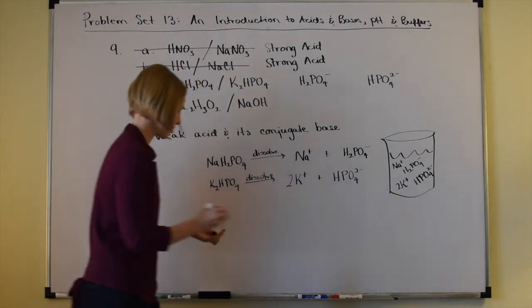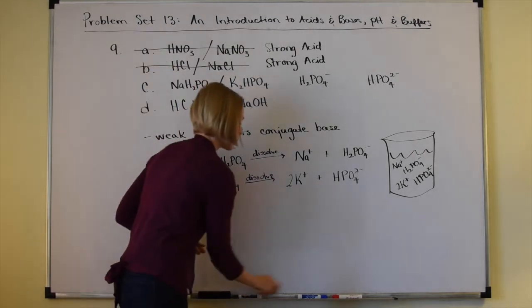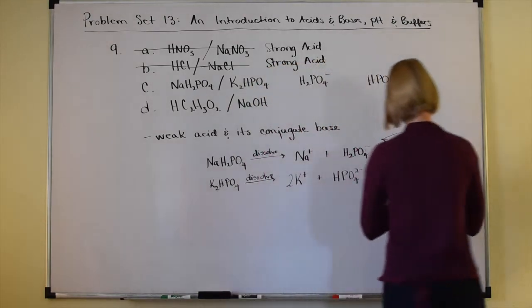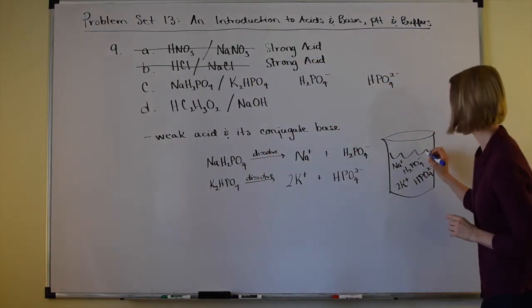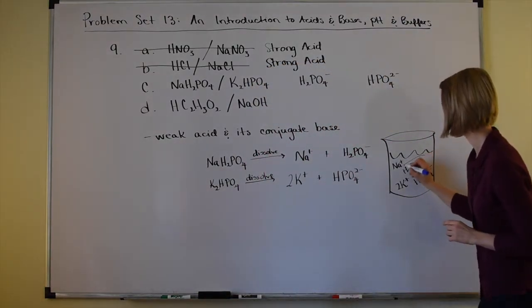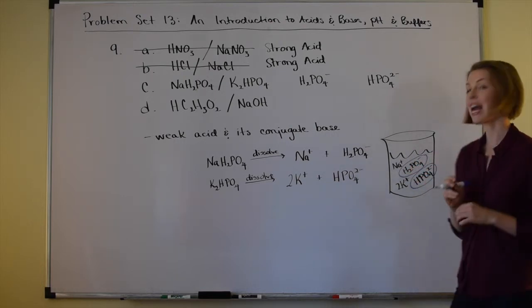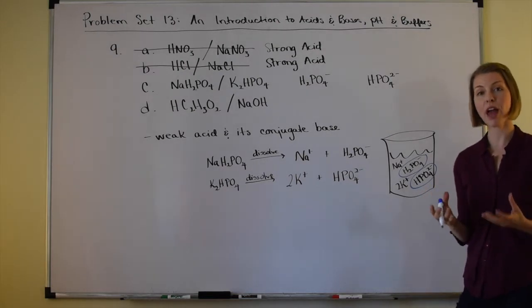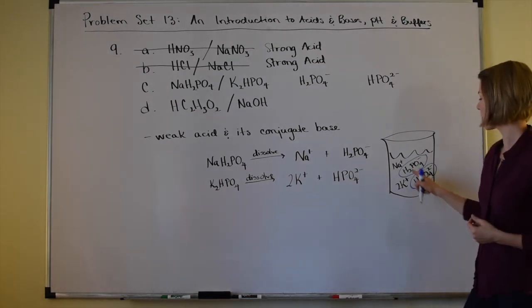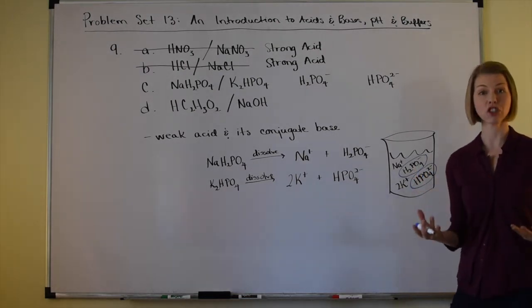So hopefully you were able to identify the dihydrogen phosphate anion and the hydrogen phosphate anion as a conjugate acid-base pair. They are off by the presence of 1 acidic hydrogen.